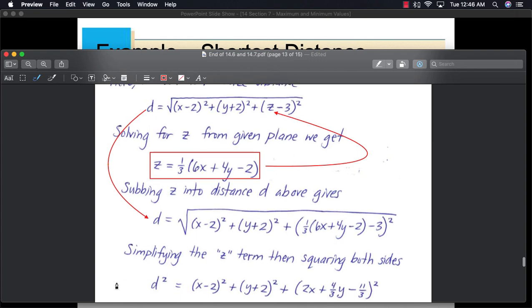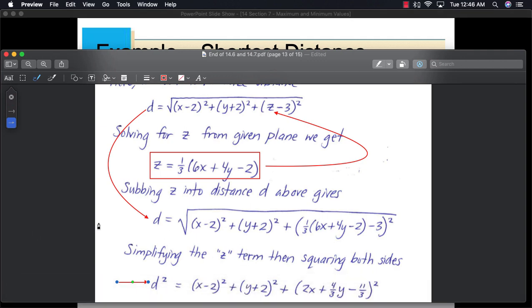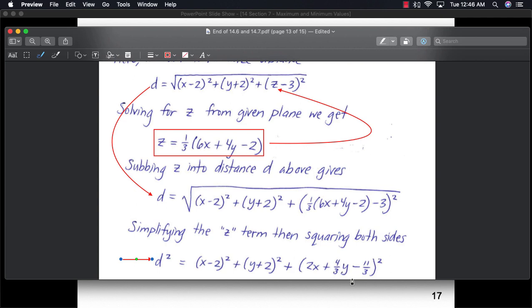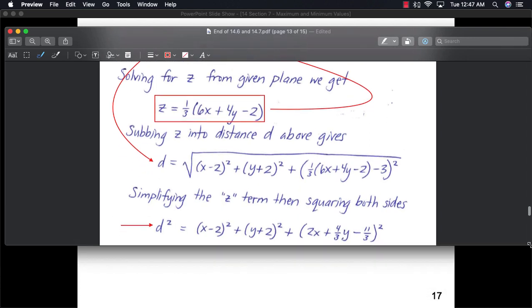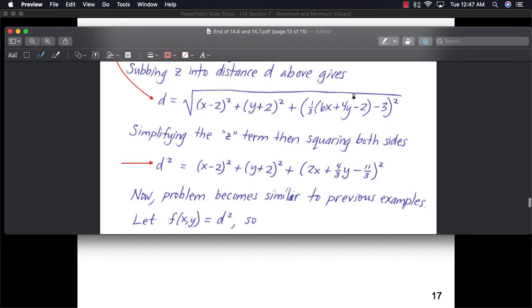But once I have this expression here, this problem becomes just like the other ones from the previous examples. I could almost stop here and let everyone in the class do this themselves and feel justified because it's almost exactly like the other problems.